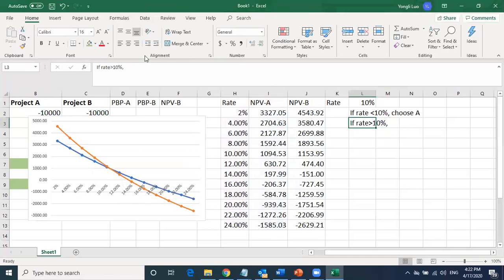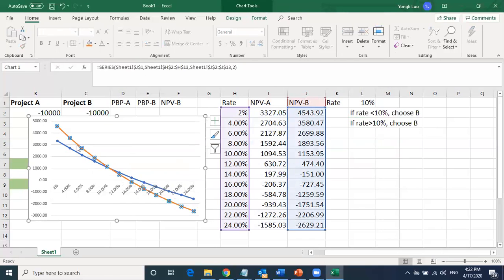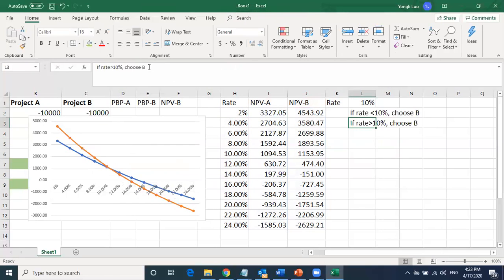So if this is lower than 10%, you choose B, the orange one. If this is greater than 10%, you choose A.